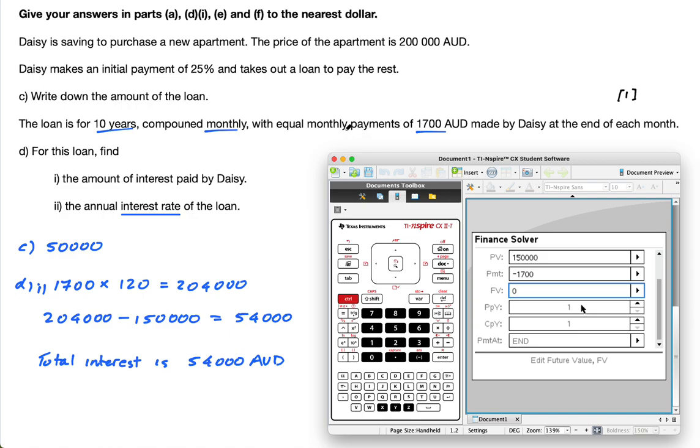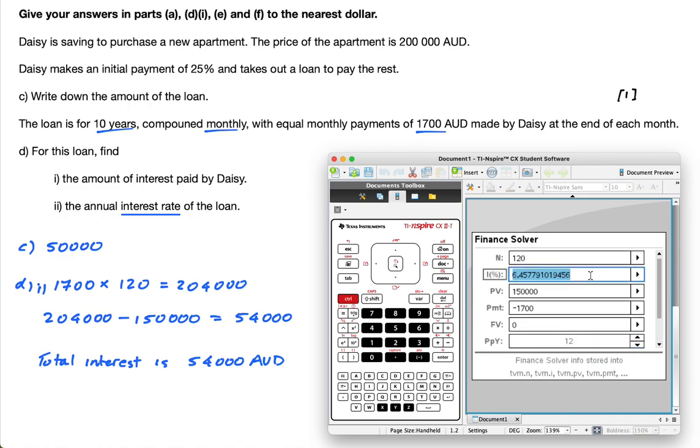And it's compounded monthly. So it's 12 payments per year and 12 compounding periods per year. So these are the same. And that's it. So all I need to do is go up to the I, press enter, and I get 6.477. So it's easy. If you didn't have a calculator, this is actually a really, really, really hard problem to solve. But with the calculator, it's pretty simple.